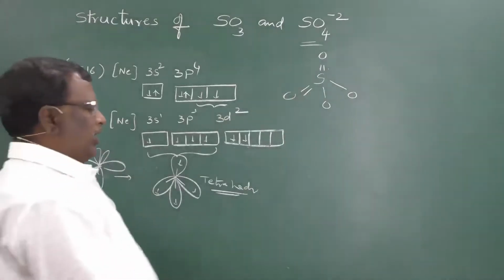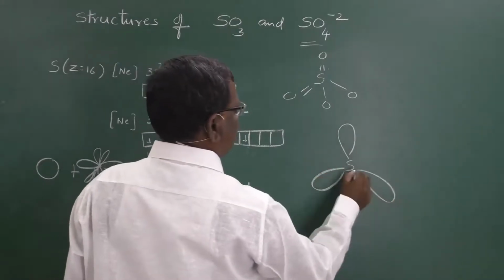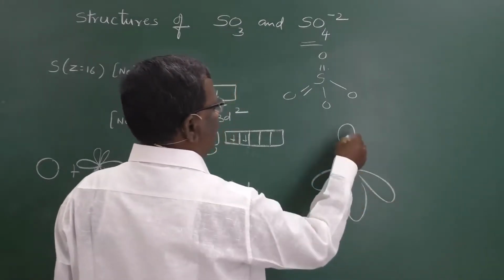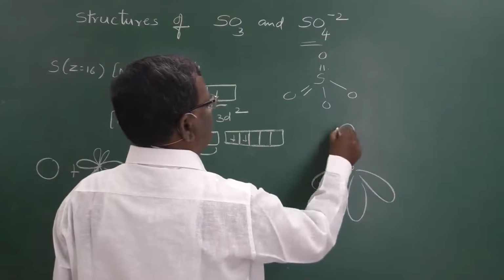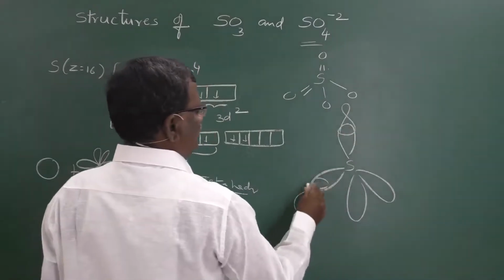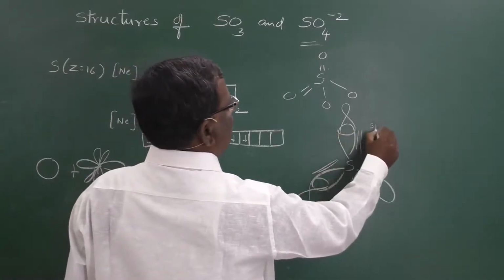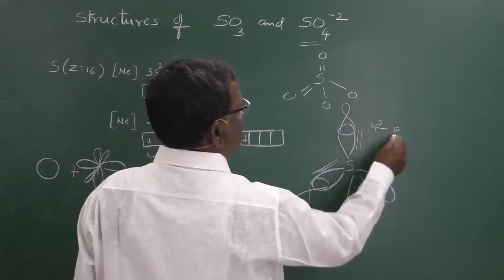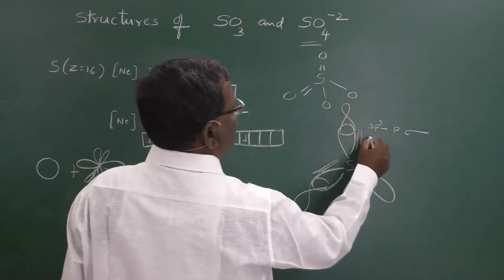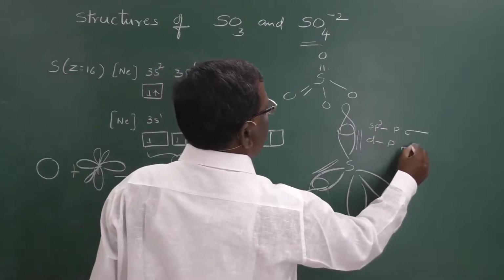So in sulfur, sp3 hybridization is formed, and each sp3 hybrid orbital can form 2 bonds with 2 oxygen atoms. That means a double bond will be formed. Out of the double bond, one bond is a sigma bond between sp3 of sulfur and the p orbital of oxygen, and the other is a d dash p pi bond, between the d orbital of sulfur and the p orbital of oxygen.